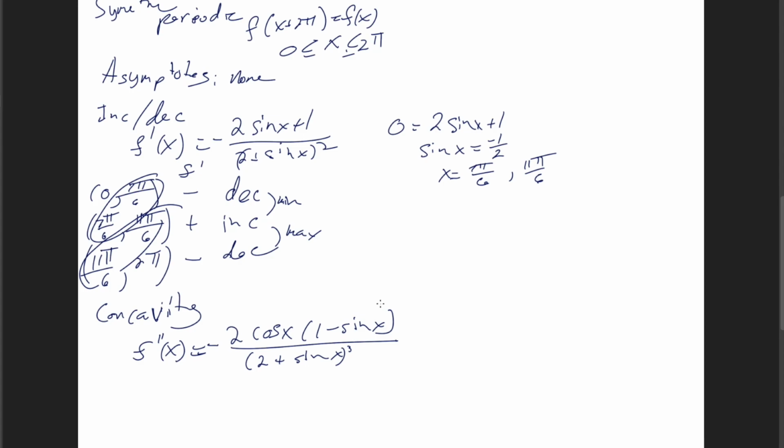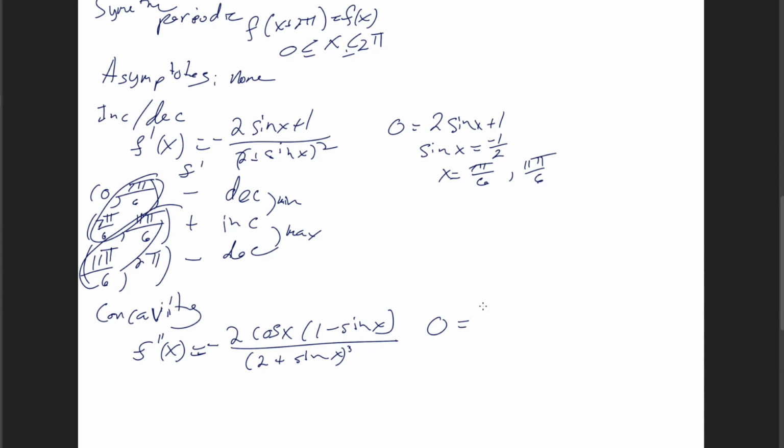Well, so cosine would be, so let's look for when this is 0. So when this top part is 0. Notice this bottom part is always positive.